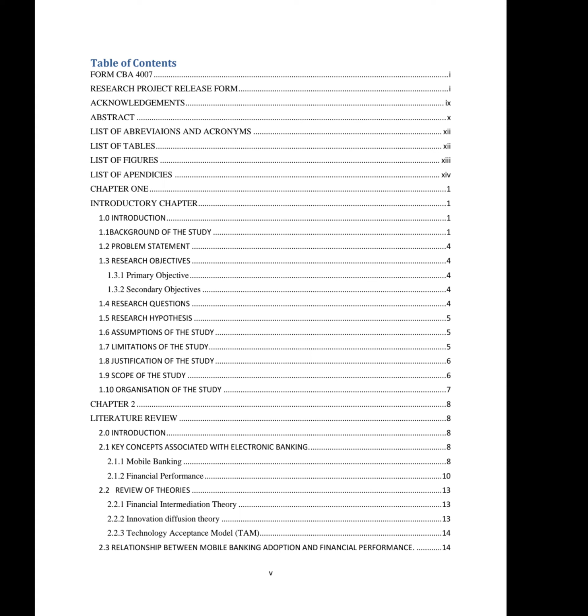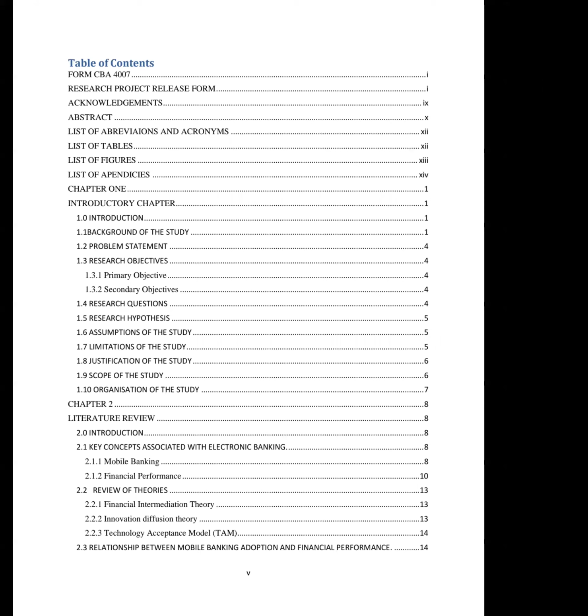And then we move on to the main sections of a chapter like 1.0, 1.1, 1.2. And then we move on to the subsections, which are like 1.3.1, 1.3.2, and so on. We follow the same procedure up to chapter 2.